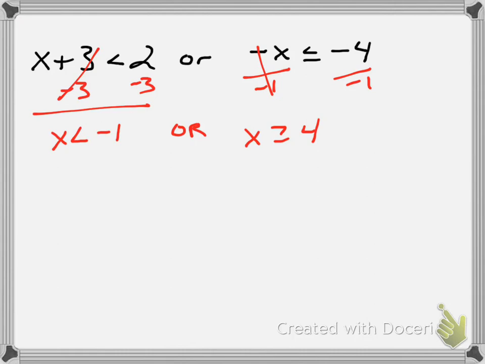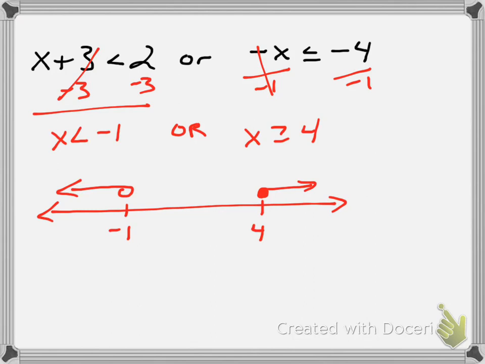All right, so now we have our two solutions, and we just graph those separately on a number line, and it should look like one of my pigtail graphs. X is less than negative 1. X is greater than or equal to 4. There you go.